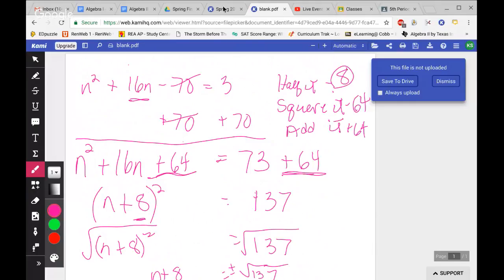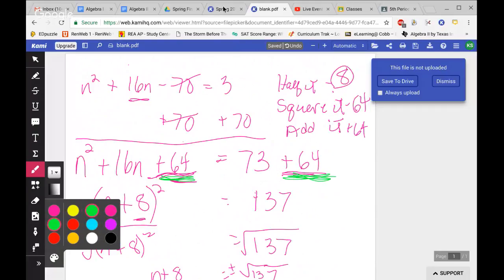64. Okay. So now what I did after I created that space, I added 64, halved it, squared it, added it. And whatever I do to this side of the equation, I have to do to this side of the equation.